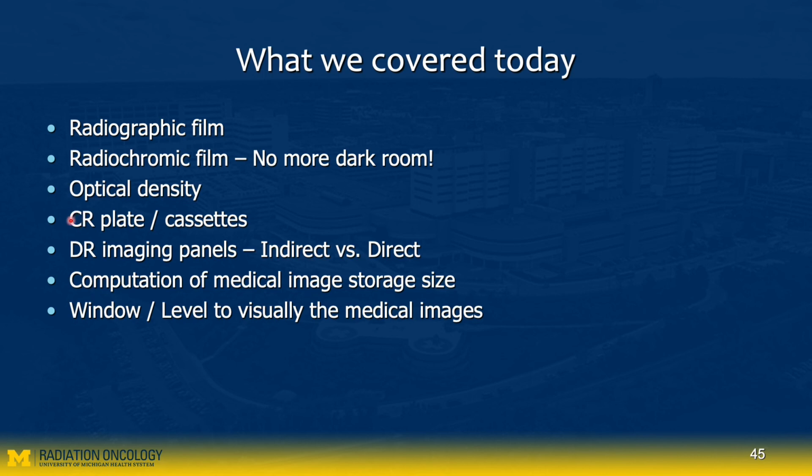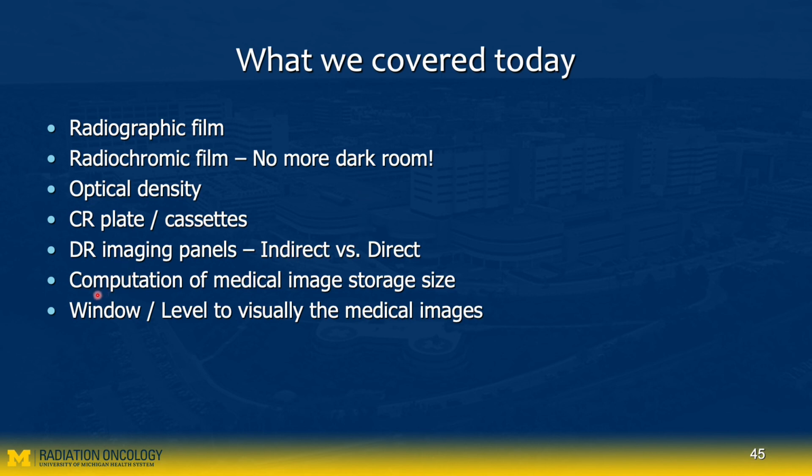And then we talked about CR, computed radiography, how it can be read and how we can store images. And then modern imagers, direct digital radiographic imaging, just like what we have in our department, like OBI panels. There are two different types of DR, direct and indirect, depending on how we create the digital image.